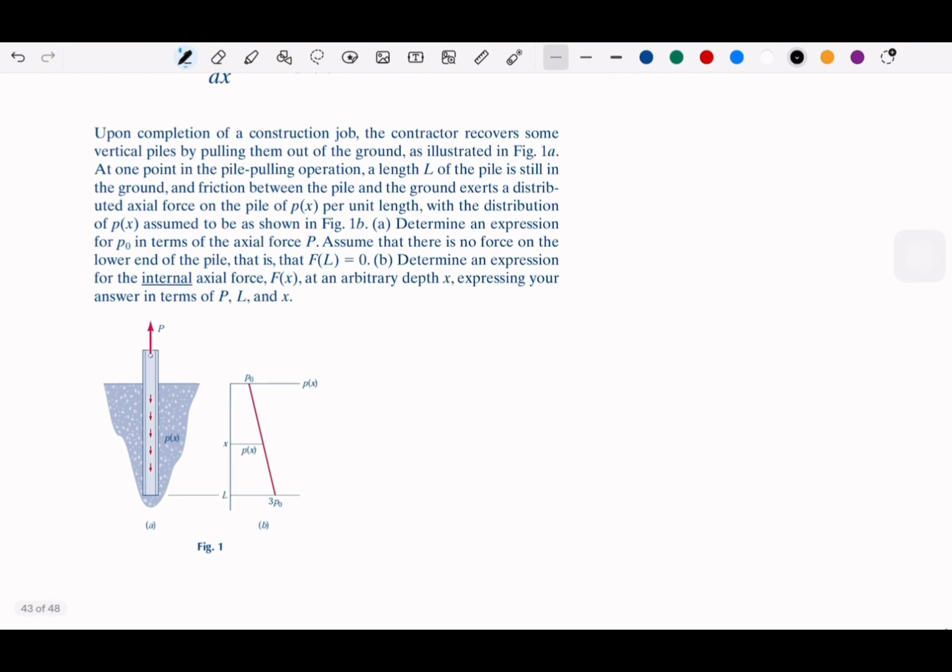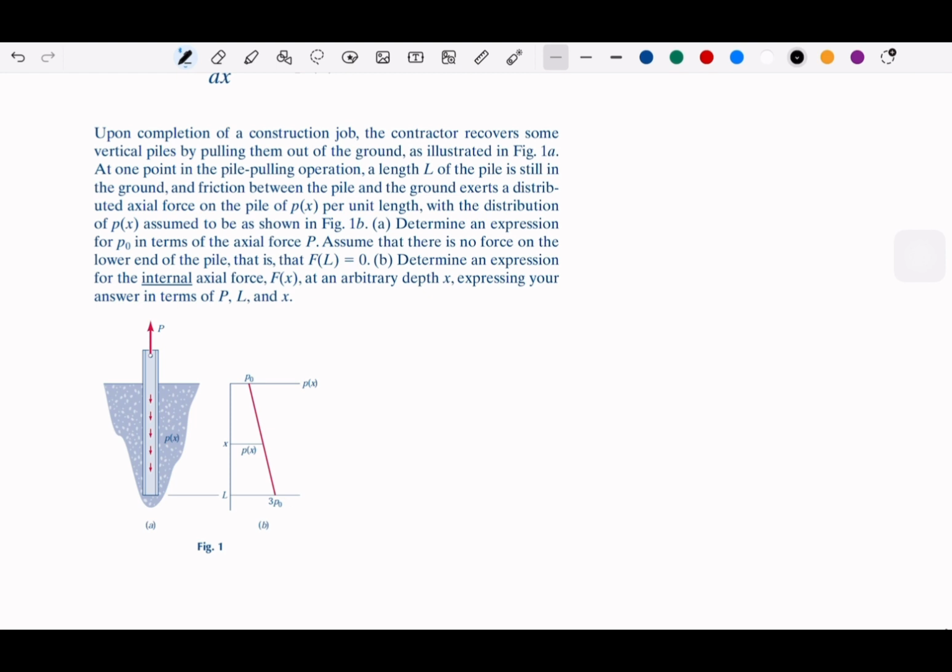Upon completion of a construction job, the contractor recovers some vertical piles by pulling them out of the ground. So if you can see here, this is the construction. So we pull with force P out of the ground. So if you imagine when we pull this out, every element from the top of the ground until inside the ground, you have a reaction.